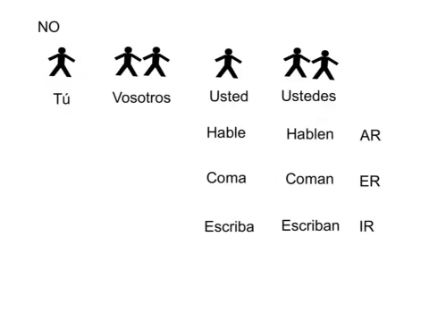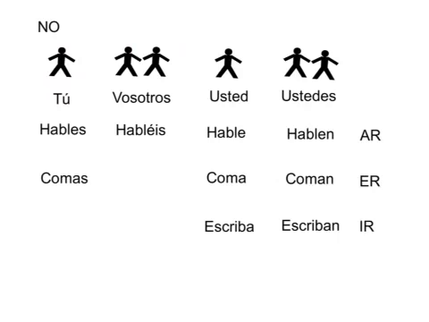For AR verbs, it becomes no hables, and for vosotros, no habléis. So if I wanted to say don't talk, I would say no hables. And if I wanted to say don't talk to the whole class, no habléis. For ER verbs, it changes to no comas or no comáis.